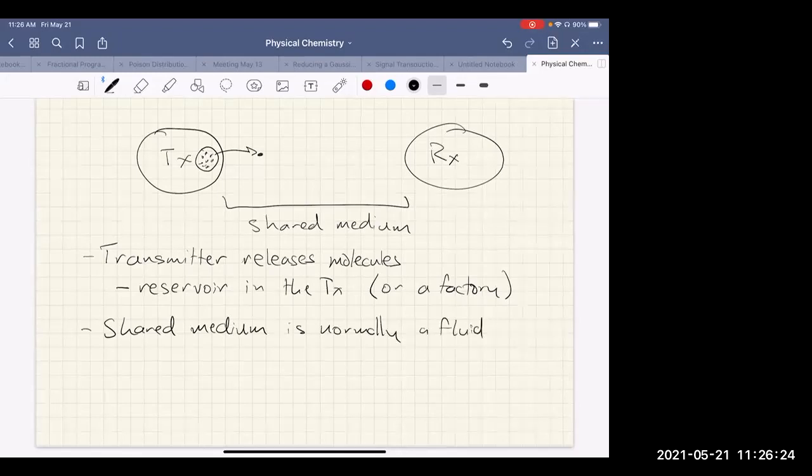And what's going to happen is the released molecule will propagate in the medium via diffusion.